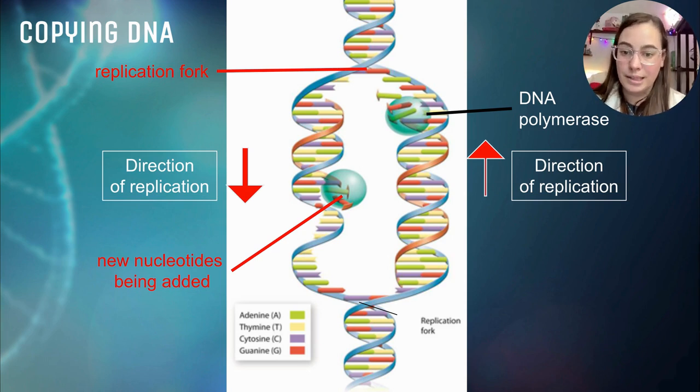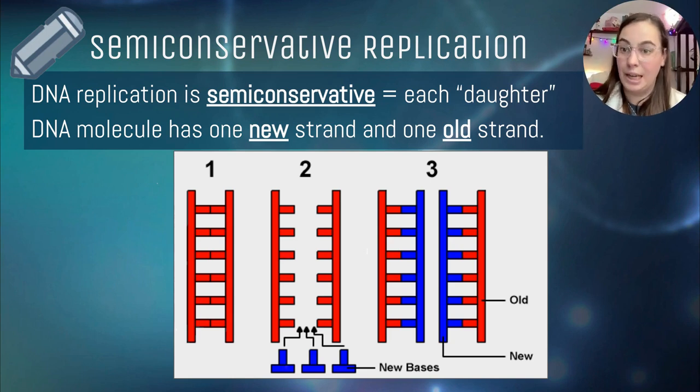We call this process semi-conservative replication because each daughter molecule is made of one old and one new strand. We always use an old DNA side as a template to make sure that the copy is exact. We want to make sure that we are making an exact copy that is identical.